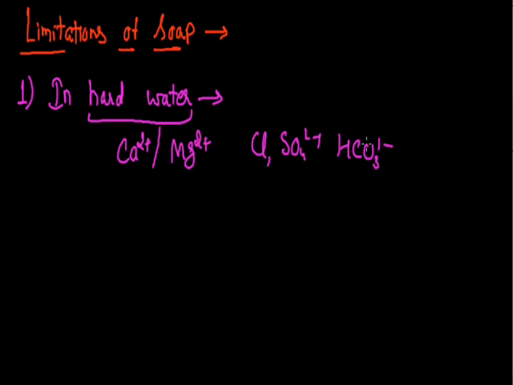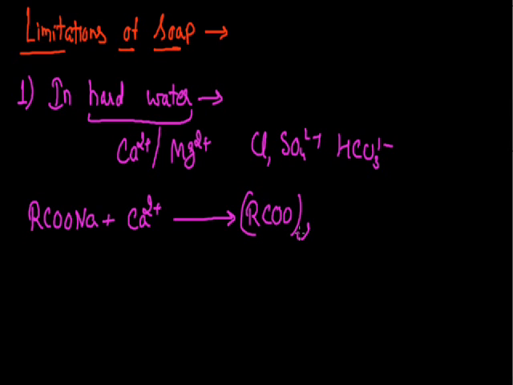If I apply this soap molecule to hard water, the formula of this soap molecule is RCOONa, and when it reacts with the calcium or magnesium ions present in hard water, these calcium ions displace the sodium cation from the soap molecule, and finally it forms the calcium salt of the long chain carboxylate ion, which will be represented as (RCOO)2Ca, and here sodium ions will be separated out.